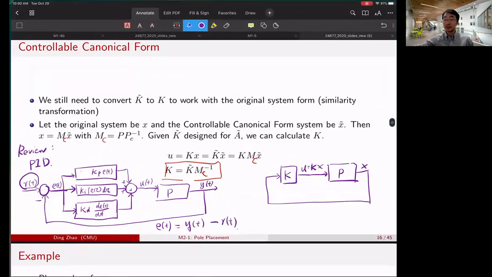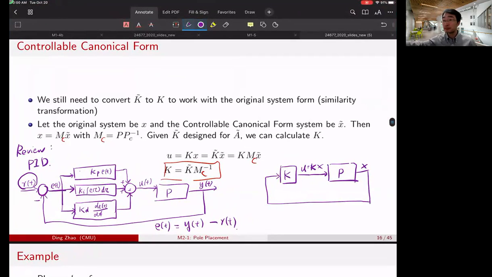Good. Okay, so you feed the error into the system. This is y, this is r, and you have e(t), and you calculate. Basically, you can directly feed e(t) into the plant. The plant's input is our control. Here, this is our controller. The controller output is u.